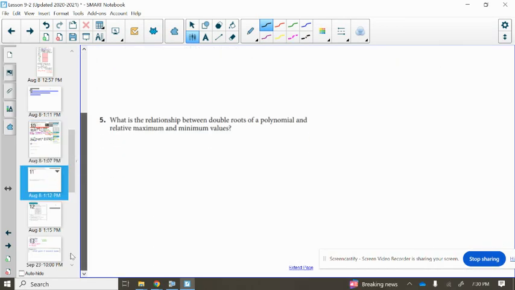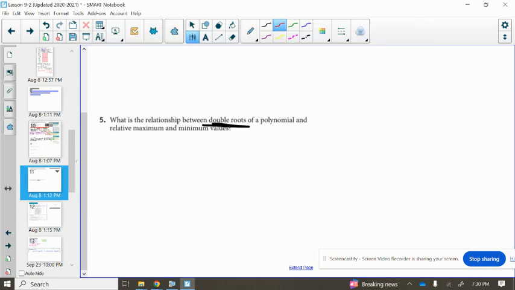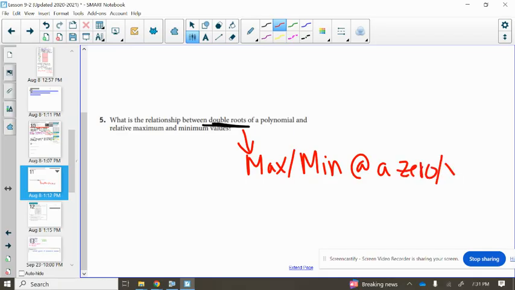Well, it goes back to the idea of a double root. And what a double root is on our graph, when we are touching in more than one spot, we have a max or a min at the 0, that's going to be our double root. So we see on this particular function, again, a max or a min at a 0 or x-intercept, that's going to be our double roots.